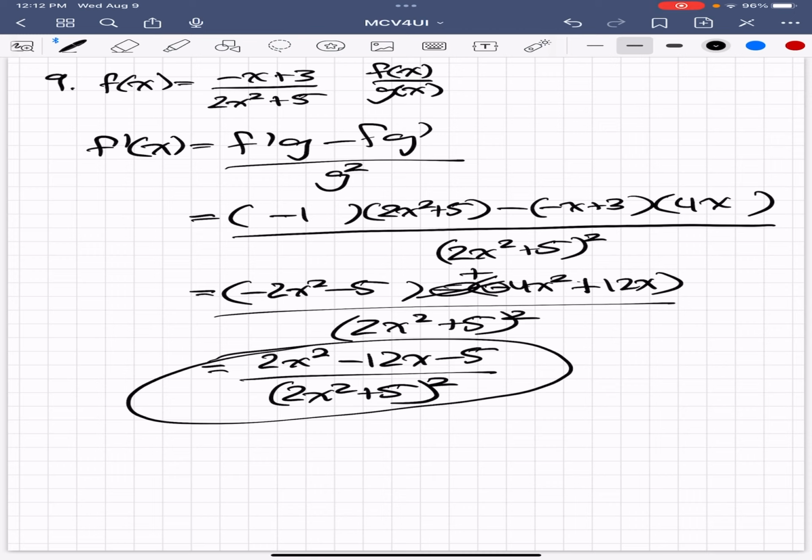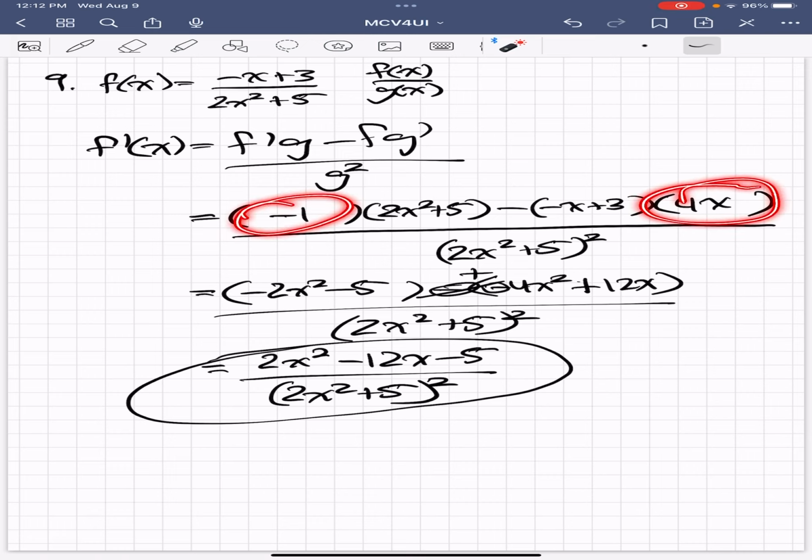So I was left with 2x to the power of 2 minus 12x minus 5 over 2x to the power of 2 plus 5 in brackets to the power of 2. I inputted into the formula. I found the derivatives using the power rule for this one and this one. And then I multiplied out.